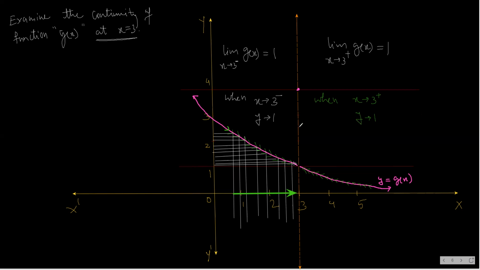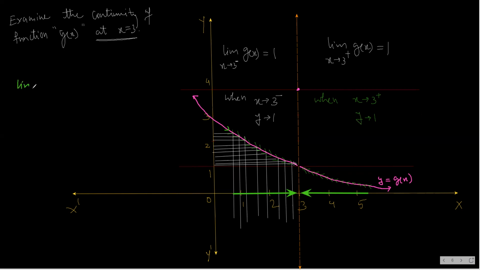So in both cases, when x is approaching 3 from the left, the function is approaching value 1. When x is approaching 3 from the right, the function is approaching value 1. From either side, the function is approaching 1. So the left hand limit and the right hand limit both are equal. And when the left hand limit and right hand limit are equal, what do you write?